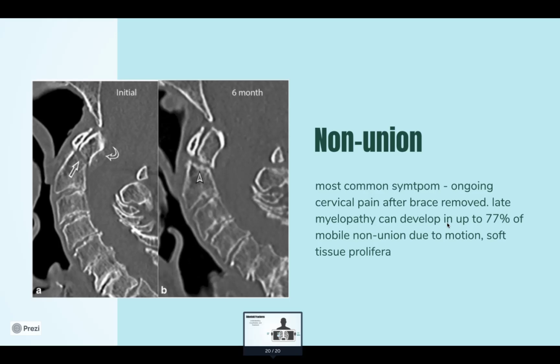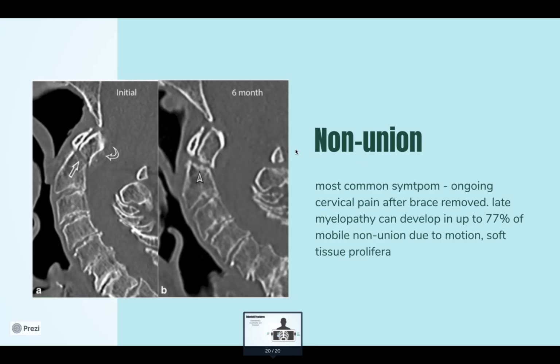And then finally, non-union. So if you're doing non-operative management of these sort of fractures, the risk is that they sometimes don't heal and they form something called non-union. Usually they present with ongoing neck pain even after the brace is removed, so if it's a halo or a neck collar.